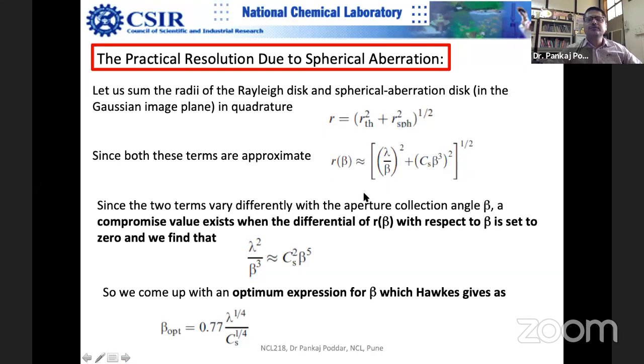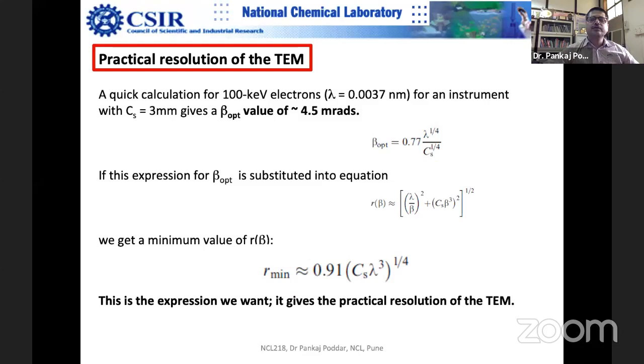Finally, once you optimize through these equations, the optimum collection angle beta reaches 0.77 lambda to the power 1 by 4, Cs to the power 1 by 4. So this is the optimal collection angle, which is just to give you a feeling. Finally, we will learn these processes later on.